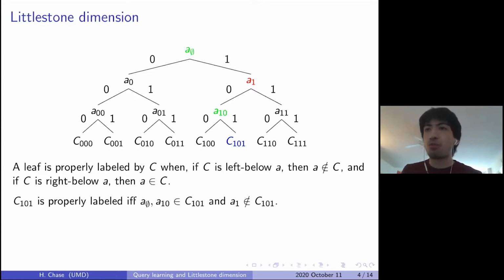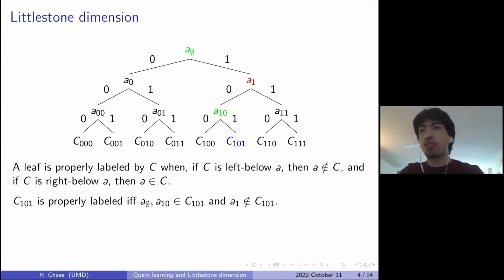So for c101, and I hope you can see the colors all right, we go right from a-null, so we want a-null to be in there. We go left from a1, so we want a1 not to be in there, and we go right from a10, so we want a10 to be in there.